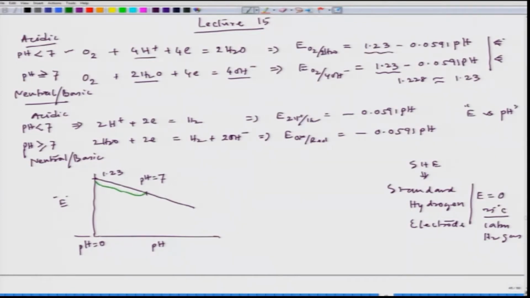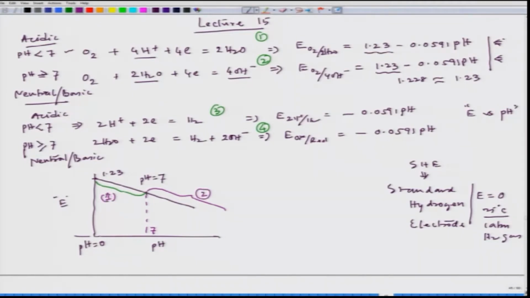If we consider this to be 1, this to be 2, this to be 3 and this to be 4, this is the first one because the pH is 7, and the second one starts from here and then continues. So, this is 7. This is the first reaction, this is the second reaction.